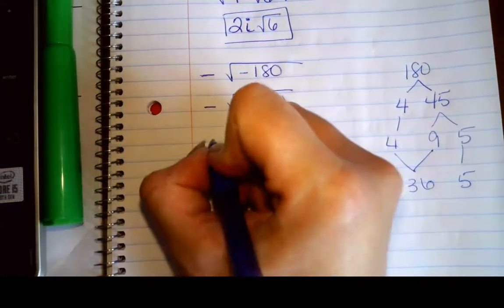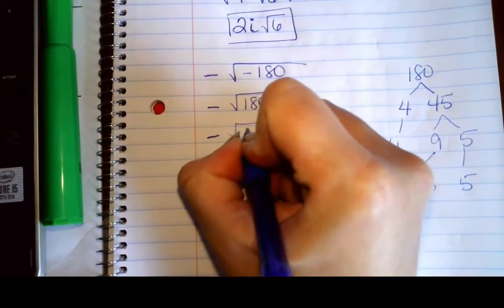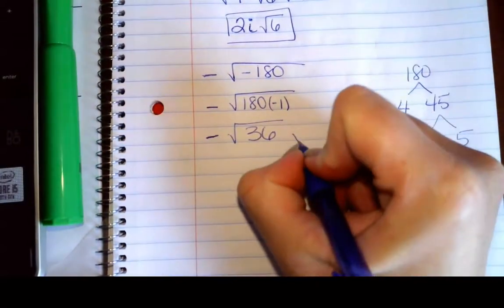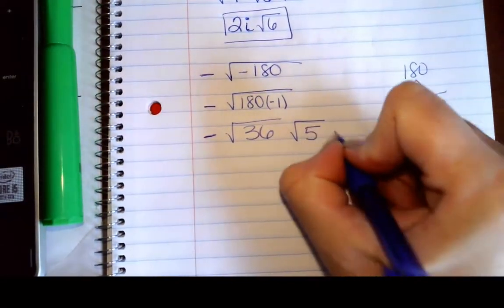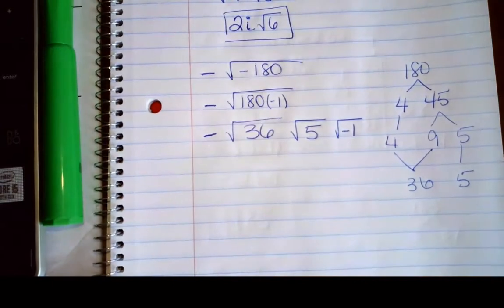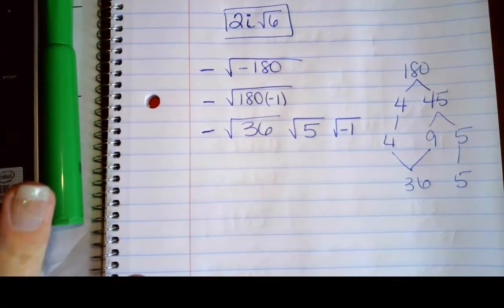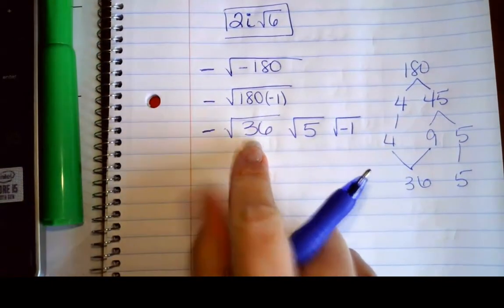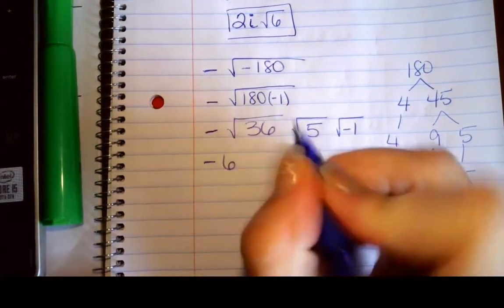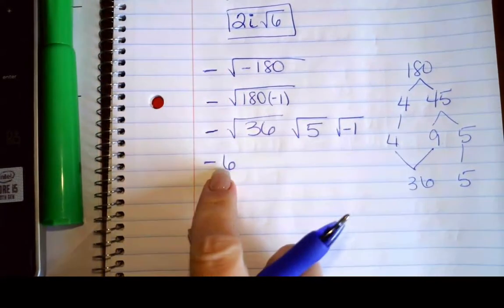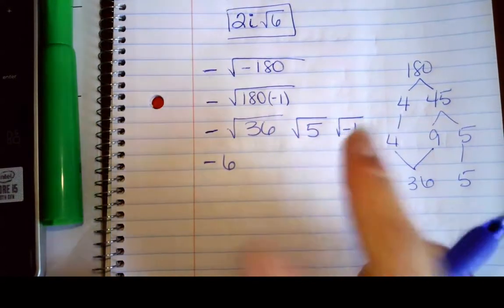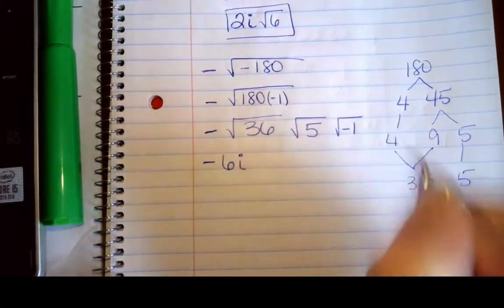Okay, so this is going to be negative, 36 under the radical, 5 under the radical, and negative 1 under the radical. And that just makes life a little bit easier. So do I know what the square root of 36 is? I do. It is 6. So remember, this negative out here is just coming along for the ride. What about the square root of negative 1? It is i.